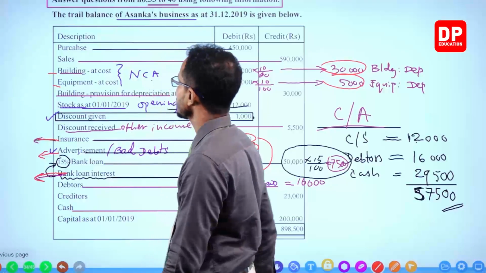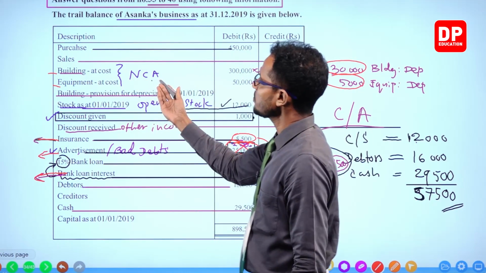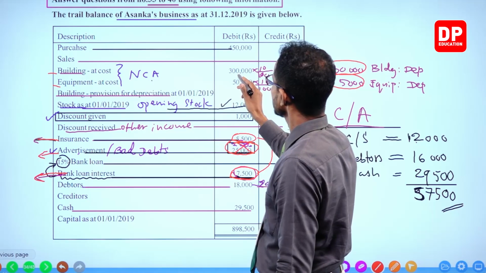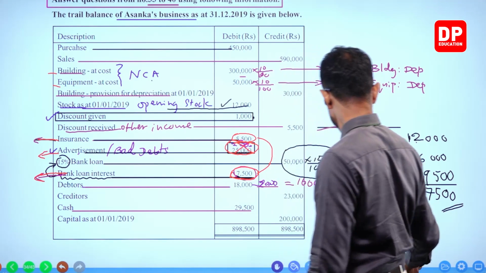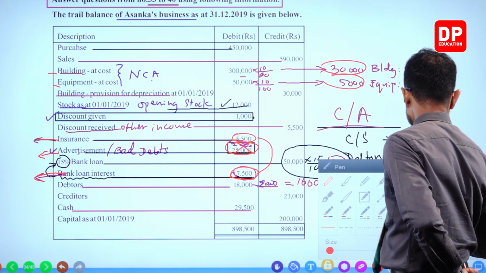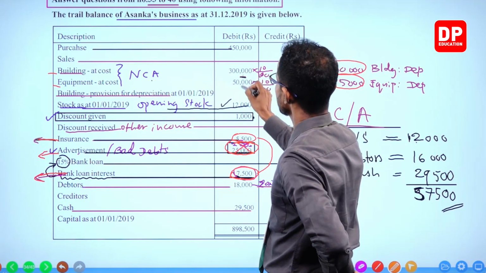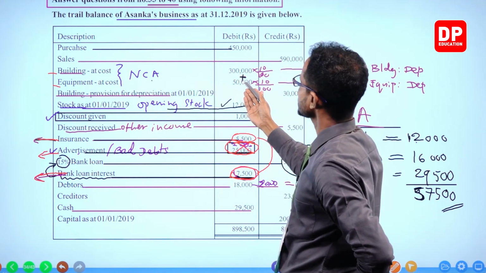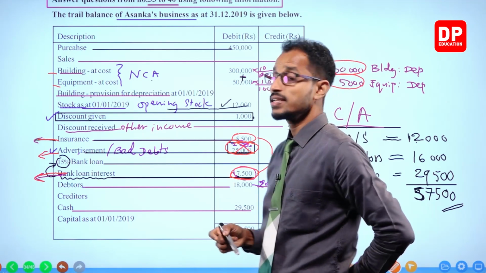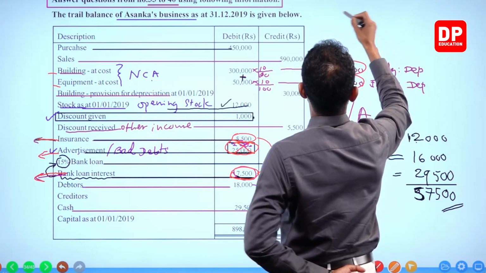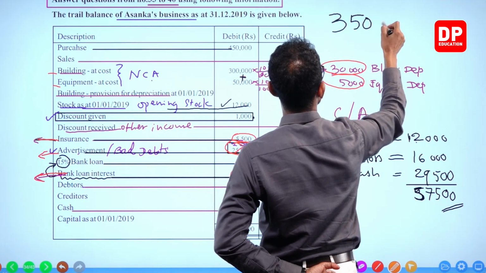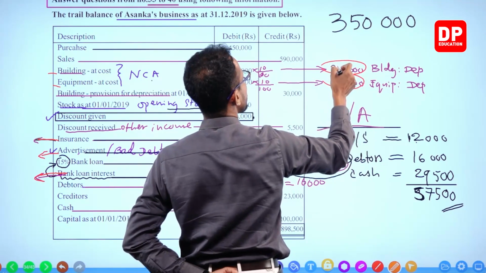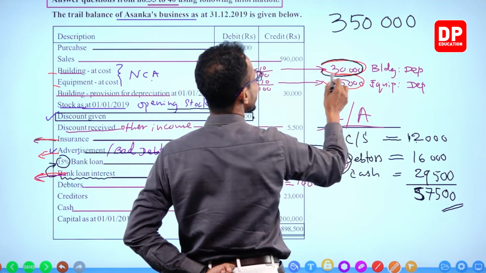See, we have marked non-current assets. Take the total of non-current assets. Building, we have 300 plus equipment 50,000, 350,000. From that, you should minus these two.